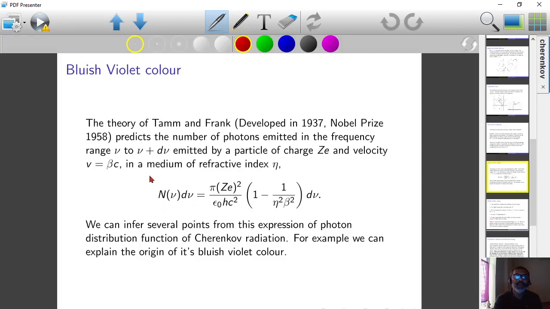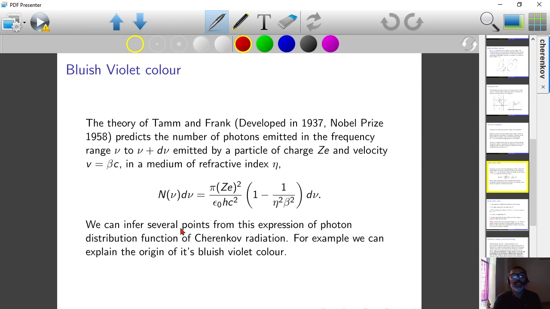This is the frequency distribution according to the theory of Tam and Frank. That means n nu d nu depends quadratically on z, that is on z square. It depends on eta and depends on beta in this form.